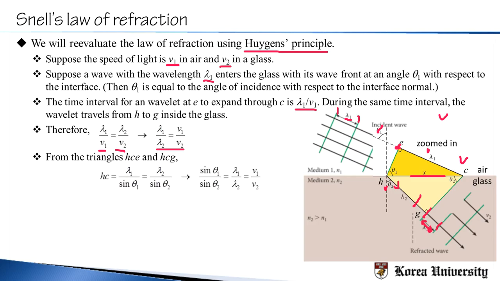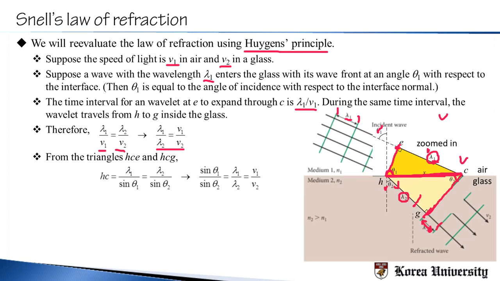In this expanded figure, we have two triangles sharing this line. Let's suppose that these are the two wavefronts. Therefore this distance is lambda 1, this is lambda 2, again with angle theta 1 and angle theta 2. Since these two triangles share this line, according to simple trigonometry, this line is equal to lambda 1 divided by the sine of this angle.